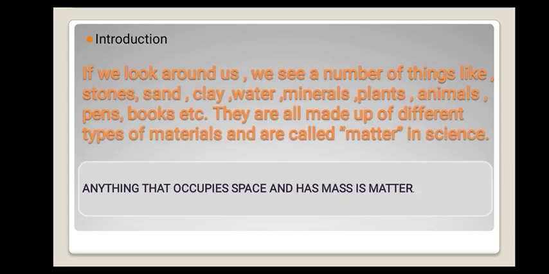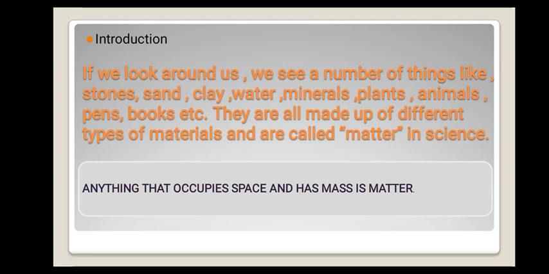So, if we look around us, we see a number of things like stones, sand, clay, water, minerals, plants, animals, pens, books, etc. They are all made up of different types of materials and are called matter in general science. Now there is a common definition also.